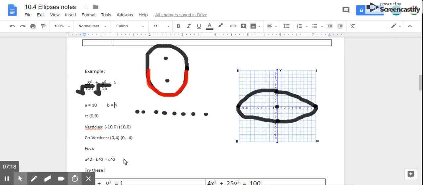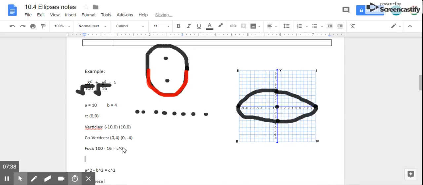So what I do for this equation is I just take the numbers out of the original equation and subtract them from each other. So you get 100 minus 16 equals c squared. Okay, so then you do the next step. Well, what is 100 minus 16? 84.